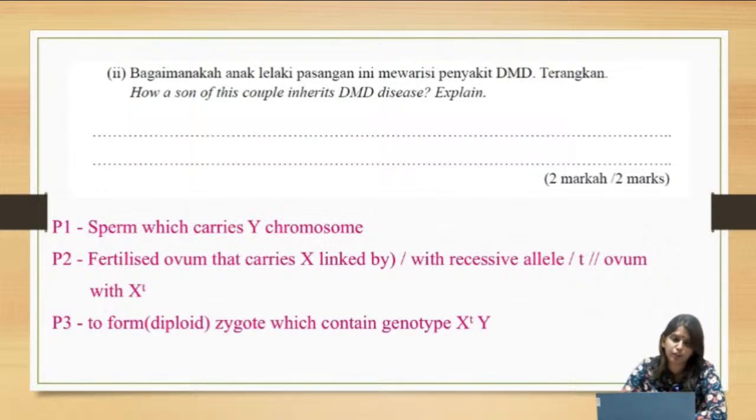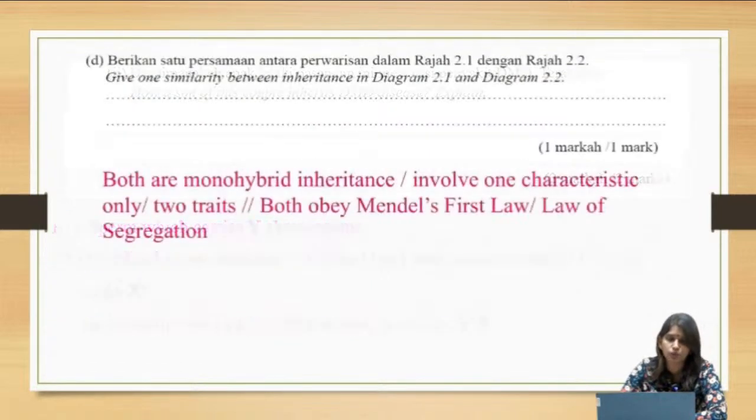And then if you have a look at the last question, they ask you to give one similarity between inheritance in diagram 2.1 and diagram 2.2. Basically both of them are exhibiting Mendel's first law.